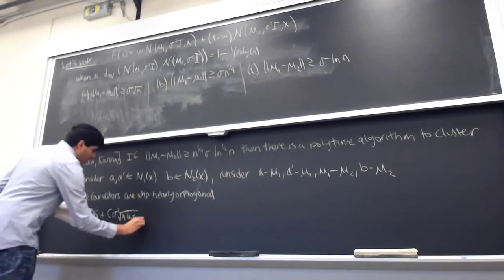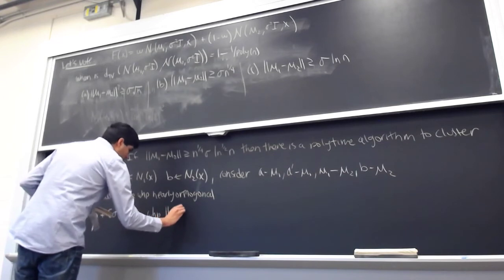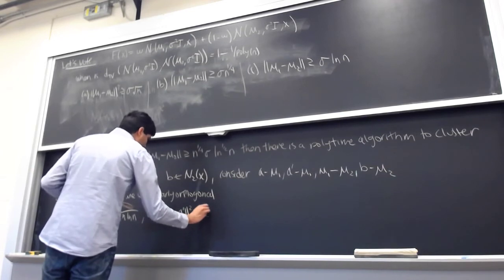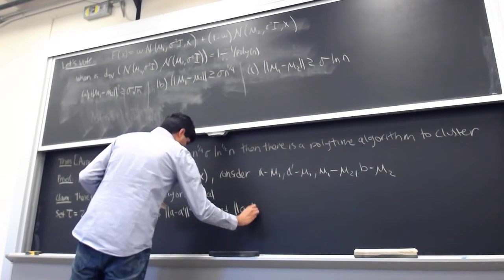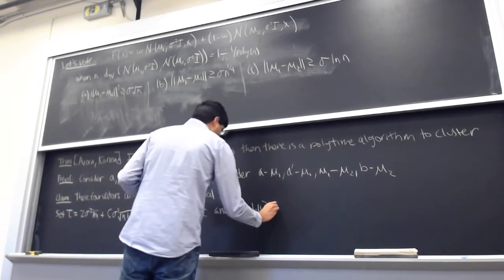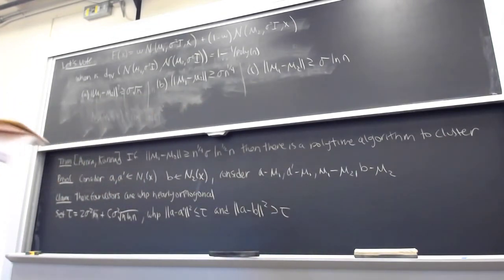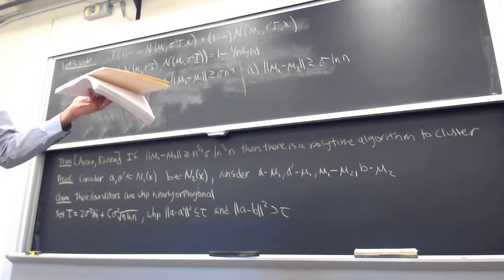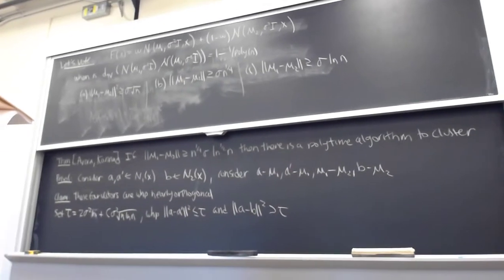And then what happens is that with high probability, a minus a prime squared is at most tau, and a minus b squared is larger than tau, because of this extra dominant term from the mu1 minus mu2, which gives me this sigma squared root n times log n, without the square root inside the log n.